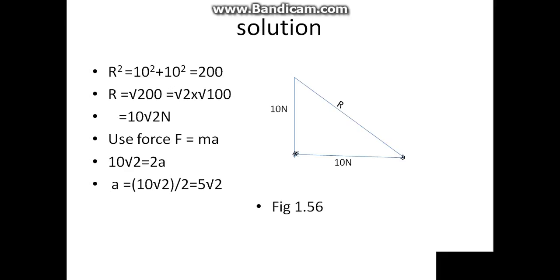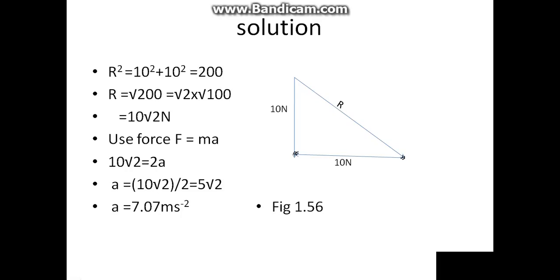We now have 10 square root of 2 divided by 2, which will give us 5 square root of 2, which is also the same thing as 7.07. That means that the magnitude of the acceleration is 7.07 meters per second squared.